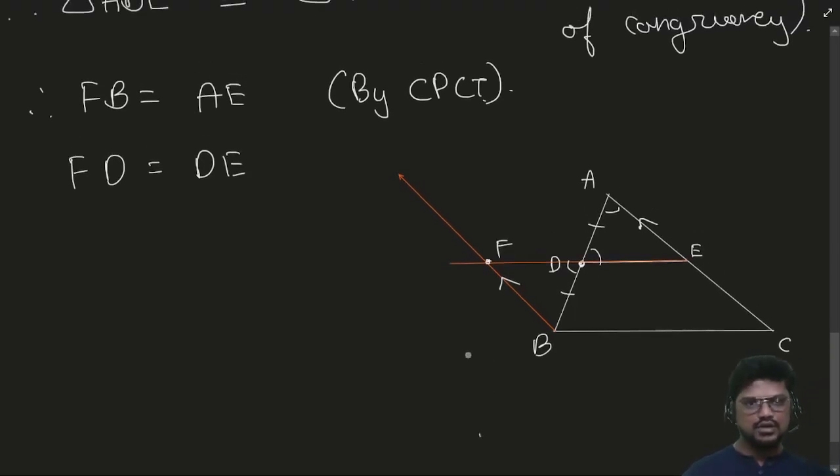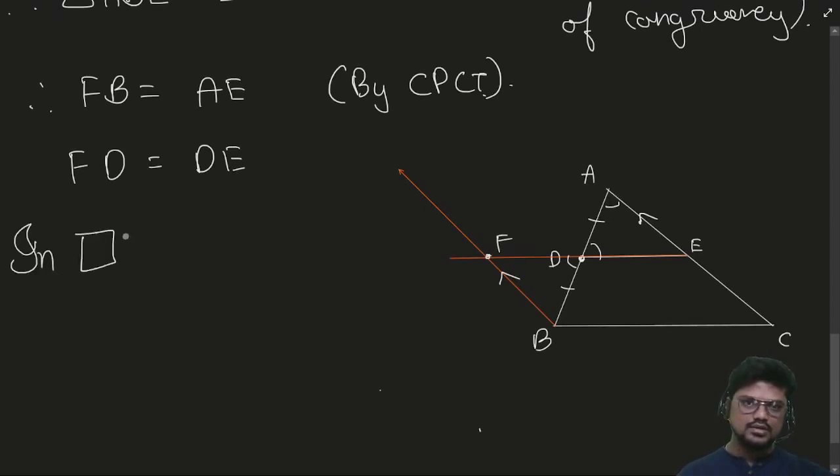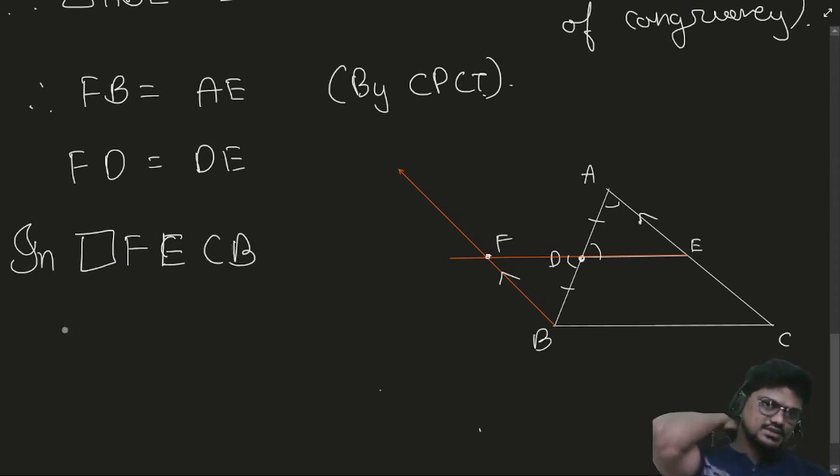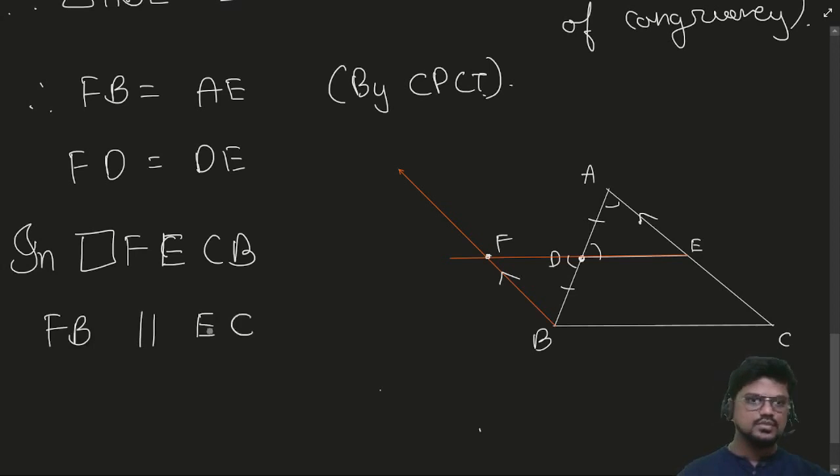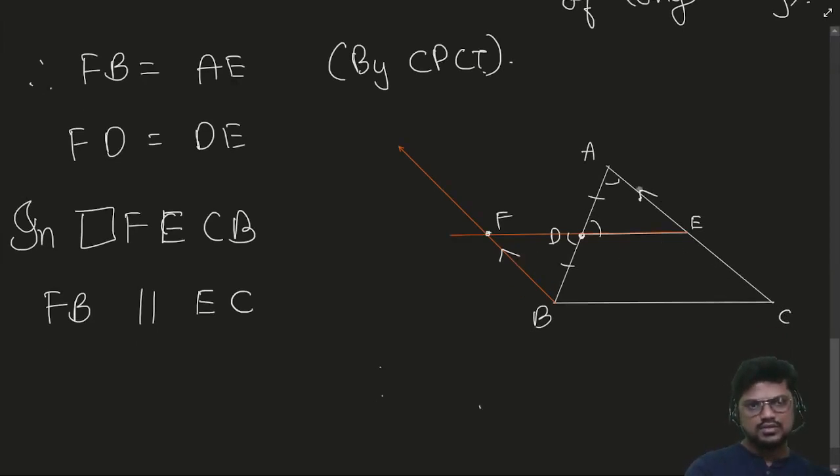Now what I have to prove, this is done. Now in quadrilateral FECB, I know that FB is parallel to EC by construction.